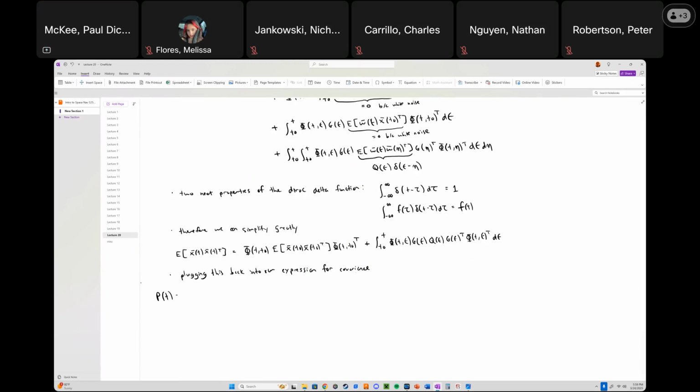P of t. It's going to be phi t naught to t, expected value of x of t naught, x of t naught transpose, phi t naught to t transpose, plus the integral t naught to t, phi epsilon to t, g of epsilon, q of epsilon, g of epsilon transpose, phi epsilon to t transpose, d epsilon, minus the expected value of x of t times the expected value of x of t transpose.